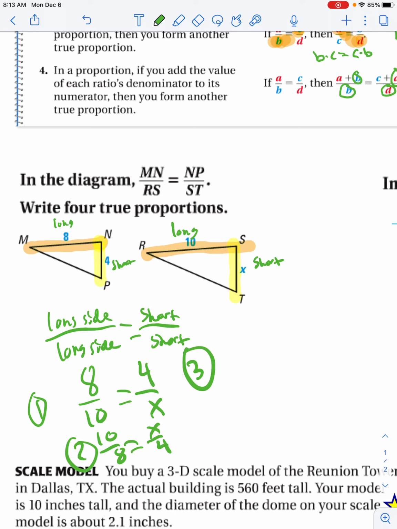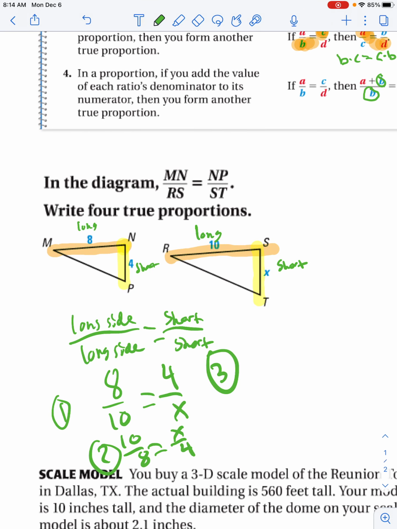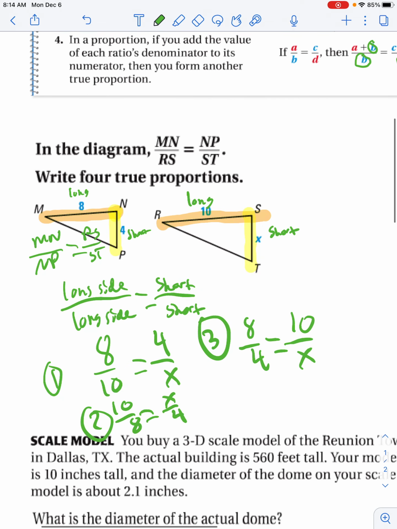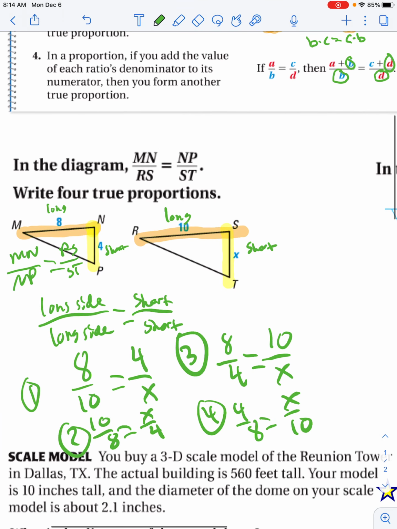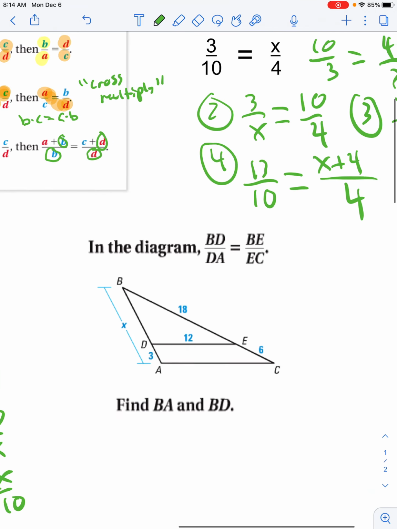So maybe I just look at the same triangles: MN over NP equals RS over ST. That would be 8 over 4 equals 10 over x. Again, I could flip it, or I could add my denominators.